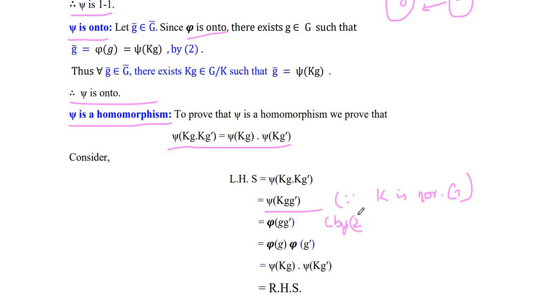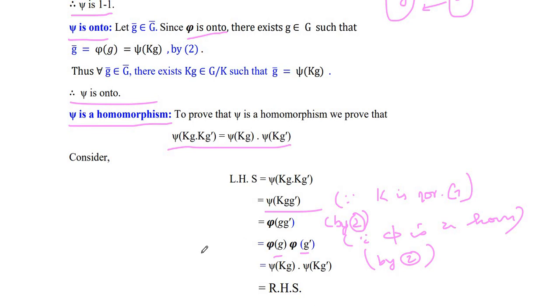So using 2, because phi is a homomorphism, already we are given phi to be a homomorphism, phi of gg prime can be written as phi of g into phi of g prime. But phi of g by 2 is nothing but psi of Kg into psi of Kg prime. So that is our RHS.